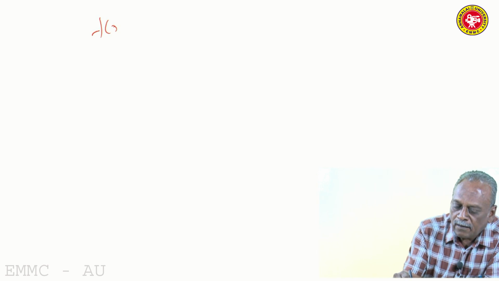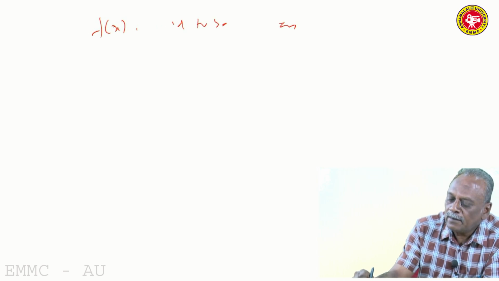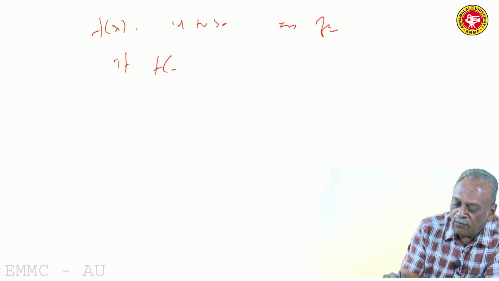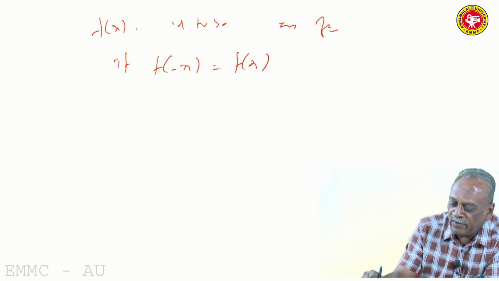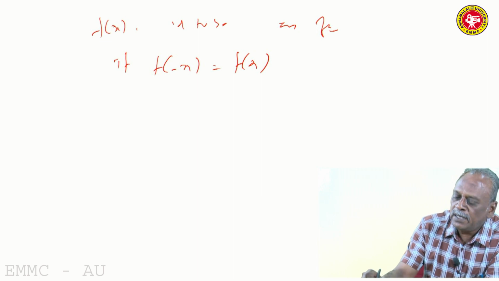We know that a function f of x is said to be an even function if f of minus x equal to f of x.